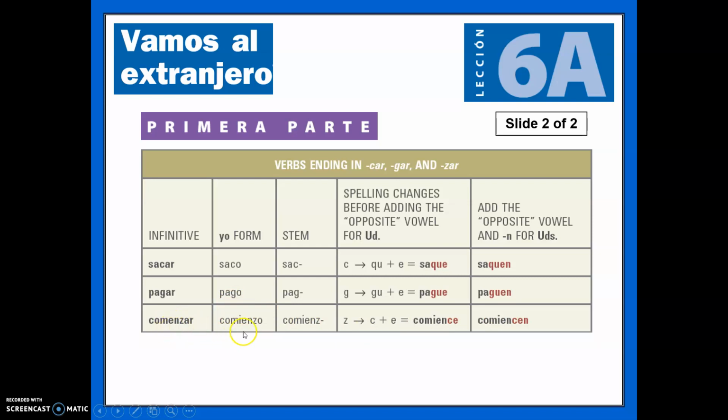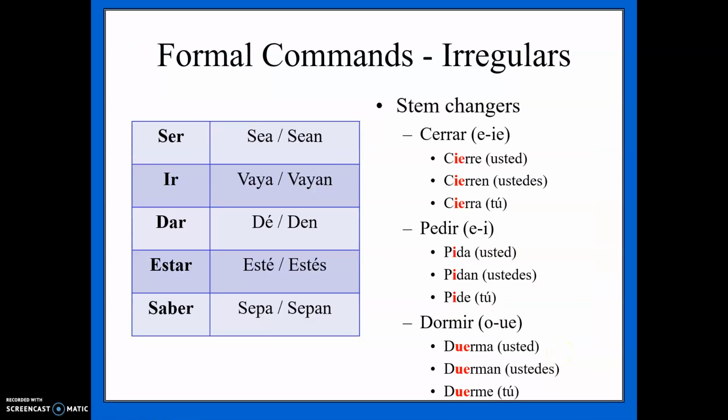Comenzar in the yo form is comienzo. In the new stem comienz, there's a spelling change to C, plus you add the opposite ending, which is, because it's an AR, you'll add E. And notice this is very similar to the preterite yo form, but there's no accent mark on the E. Okay, and then the same thing we've been doing for ustedes, you add the N at the end of the verb.